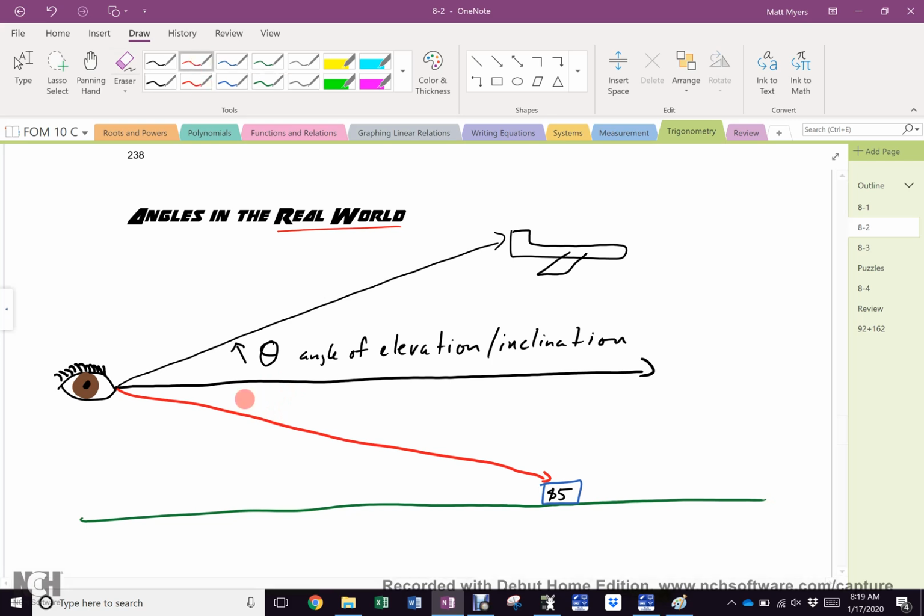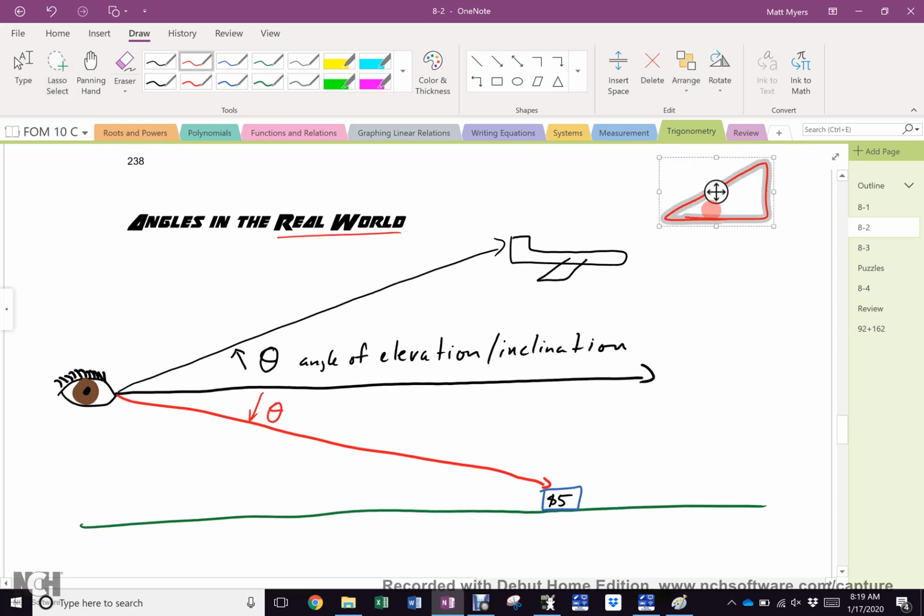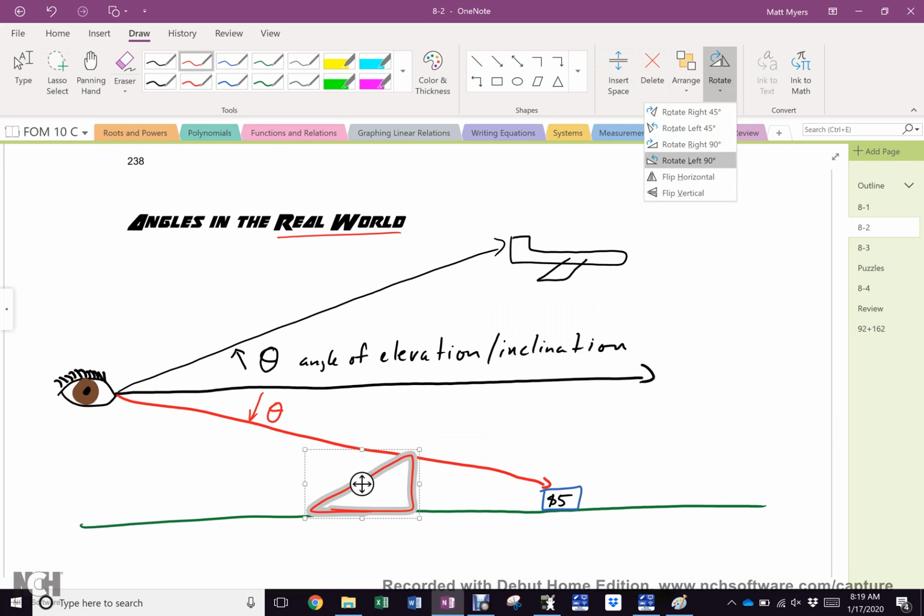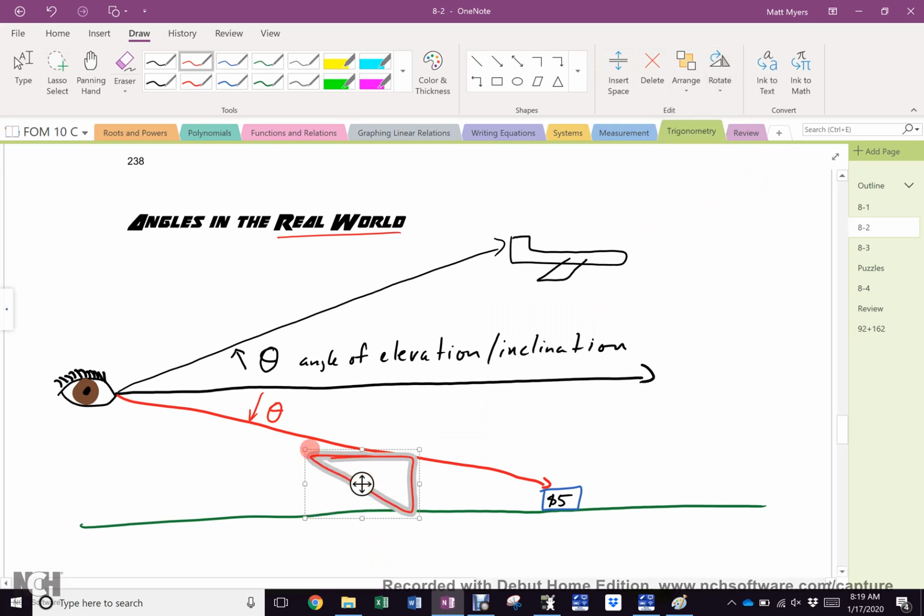This is the more difficult one for kids to wrap their brains around because you've been practicing with triangles drawn like this, right? So that looks just like the angle of elevation. But if I bring this triangle down here, that's not this angle, is it? But if I flip that, now it's the same angle, isn't it? And yet, kids have trouble with this one.